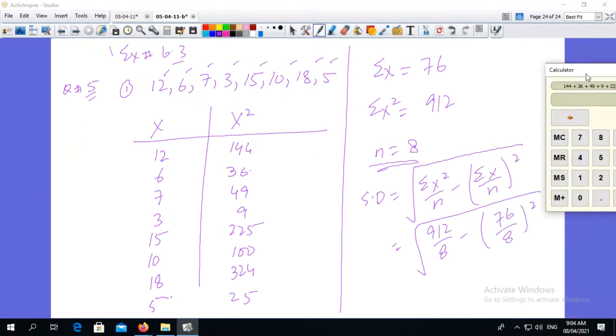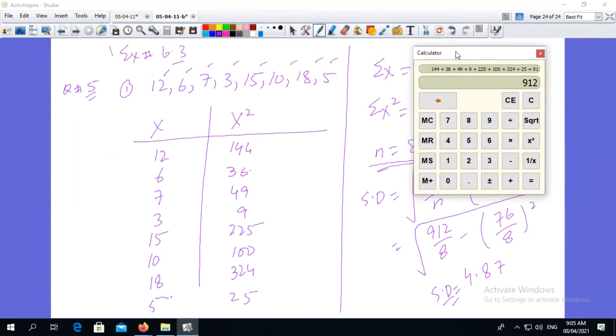Now we calculate all these values with the help of the calculator, and we get the answer 4.87. This is the standard deviation.